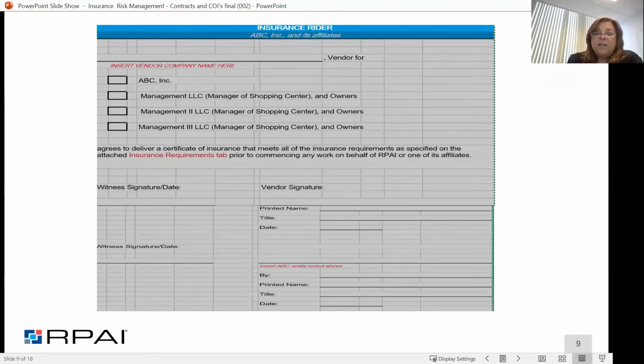And it basically says that if they do any work for us, and usually this is going to be issued through a work order, so there might not be a written agreement done for it, they agree to provide the insurance on the exhibit that we just looked at for any work that they do on our behalf.